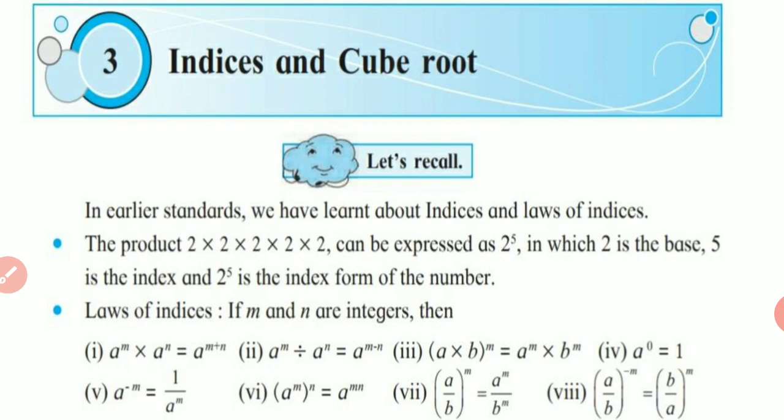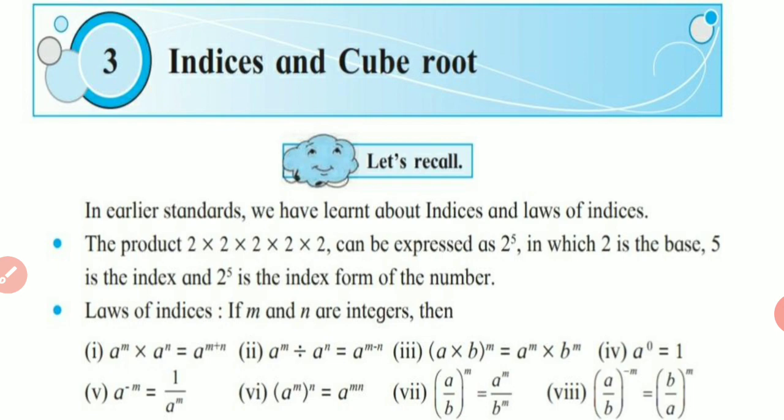Second, a raised to m divided by a raised to n is equal to a raised to m minus n. Third, (a into b) raised to m is equal to a raised to m into b raised to m. Fourth, a raised to 0 is equal to 1, that is anything raised to 0 is always 1.